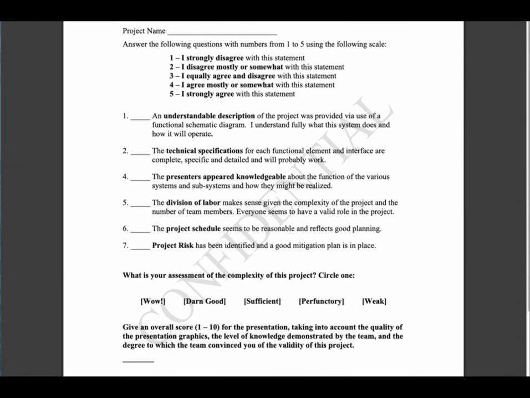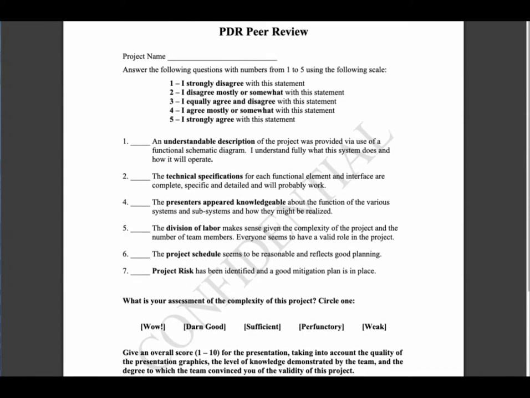In the end here you can make an assessment of what you think the project would be in terms of its ambition, in terms of all the factors that you might consider to be important, and then you can give an overall score for the presentation.